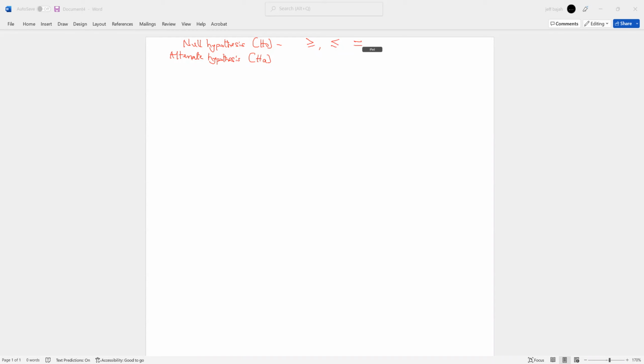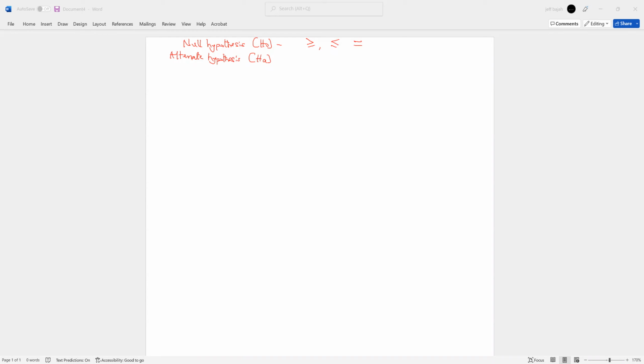And remember, you are trying to see if the claim is correct, right? And so you want to test what the population parameter is. So it's always going to be about the population parameter. In most cases, that will be the population mean. So H sub O or H sub A will always be about the population parameter.